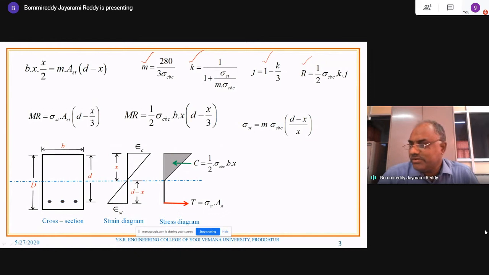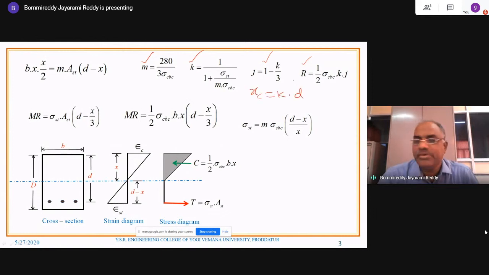These constants are useful if the section is balanced, or if you want to compare with the different types of sections. We need to compute the value of k, because xc will be equal to kd.